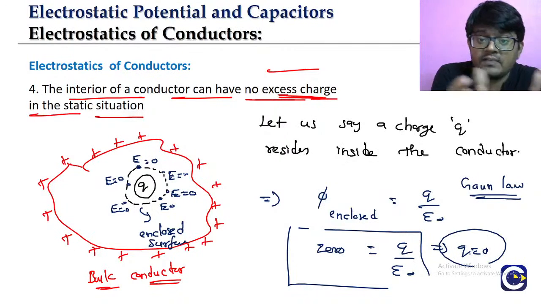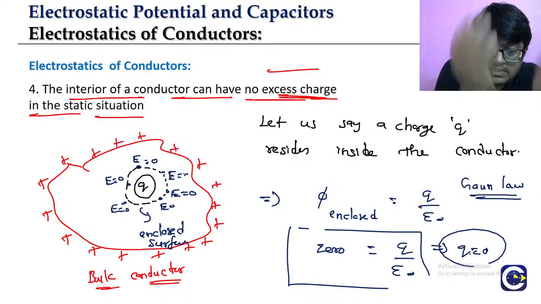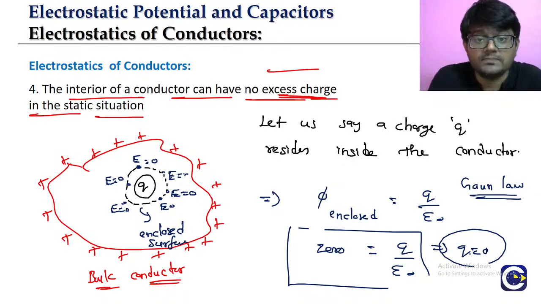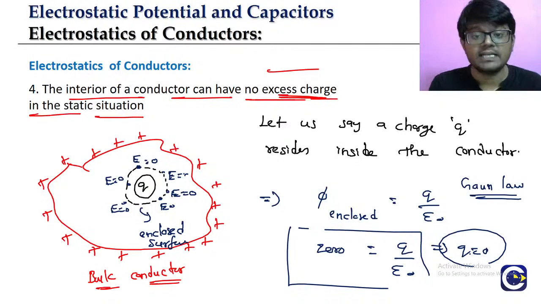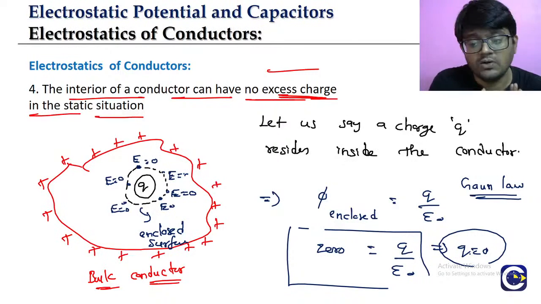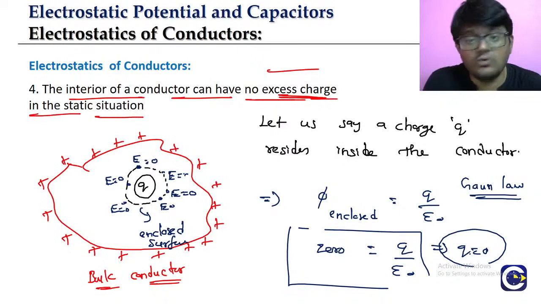Flux through the enclosed surface is equal to the charge inside the enclosed surface, q divided by epsilon naught. But what do we know? This enclosed surface is inside the conductor, and inside the conductor the electric field is 0, which means the electric field is 0 everywhere on the enclosed surface. So the flux should be 0. Flux 0 means the only possibility is that q must be 0. Right? So which means what?